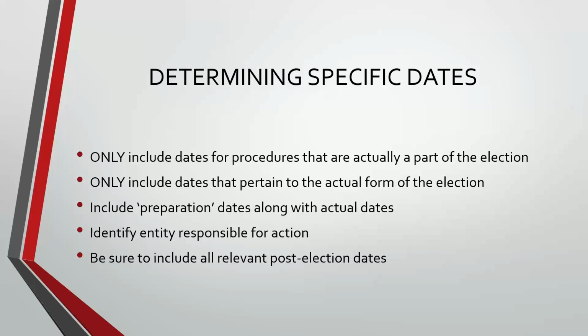Likewise, if you're a mail ballot election, and generally you don't have absentee ballot requests, you don't necessarily need to put in the deadlines for allowing people to begin applying for absentee ballots or ending the deadline.